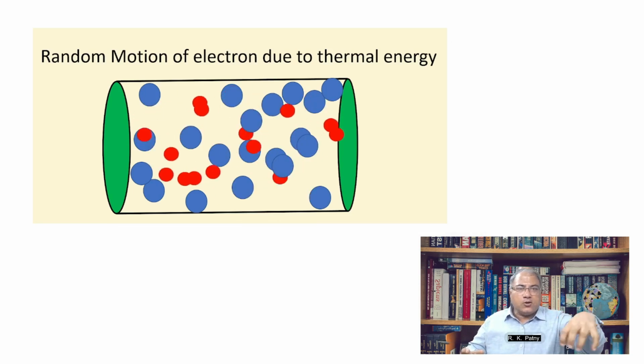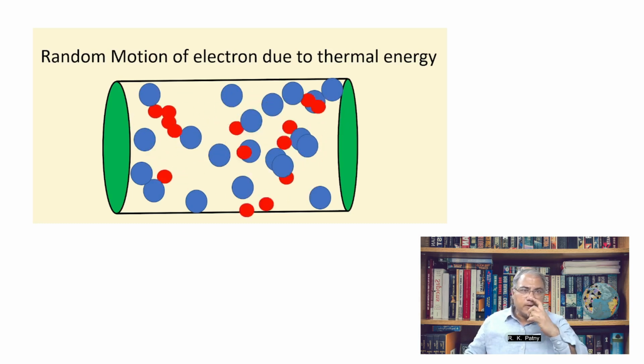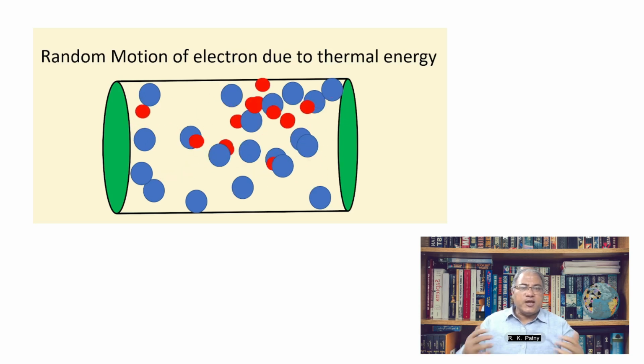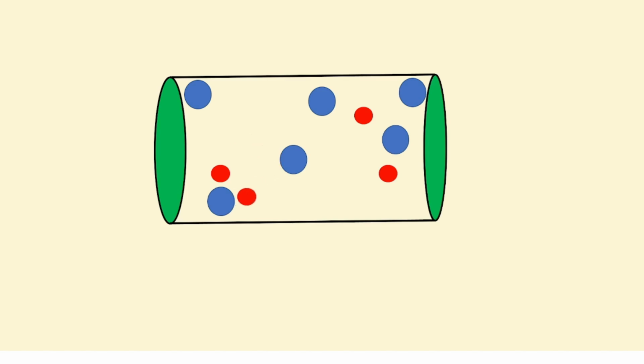Electrons bounce on the positive ion, and as soon as they bounce, due to their energy, they rebound and move away from the positive ions. As soon as they move away, their direction changes, but they are again attracted by the positive ions. The process keeps going.